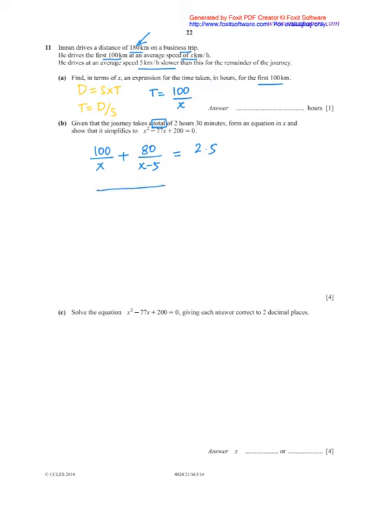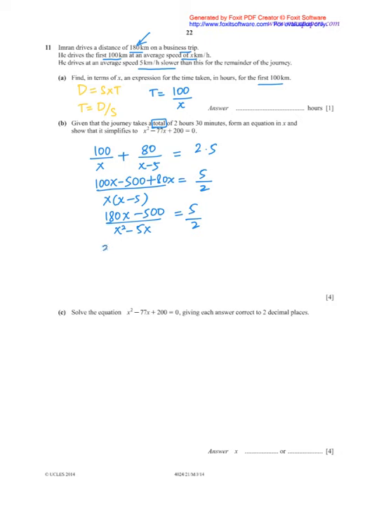Now we need to take the LCM, which will be x and x minus 5. So it leads to 100x minus 500 plus 80x equals 2.5, which means 5 upon 2. So 100x plus 80x is 180x minus 500, divided by x square minus 5x, equals 5 divided by 2.